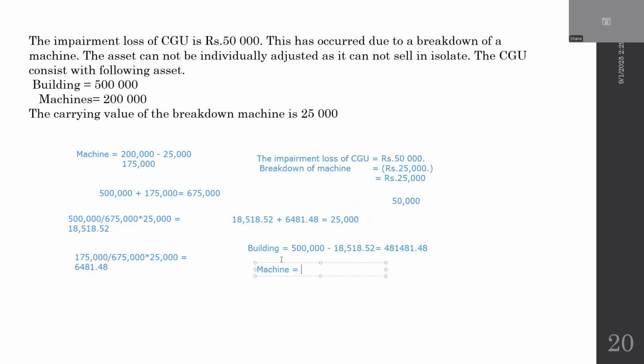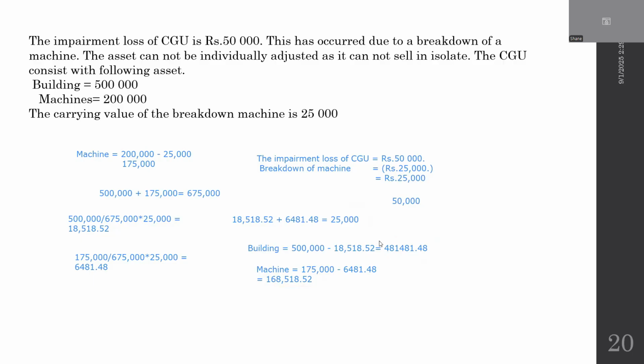We know this is the value, and we should deduct this loss. Then we can get the carrying amount. So this is the machine carrying amount, and this is the building carrying amount.